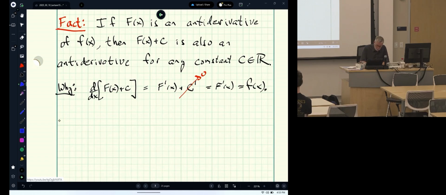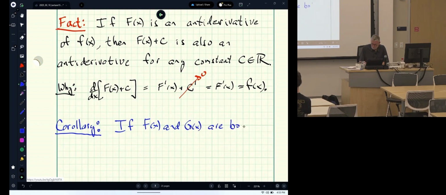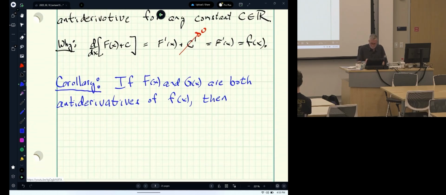And then it's essentially a corollary of the fact that if capital F of x and capital G of x are both antiderivatives of little f, then F of x minus G of x equals a constant.